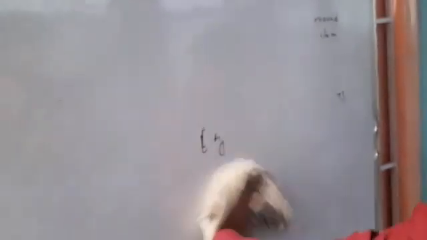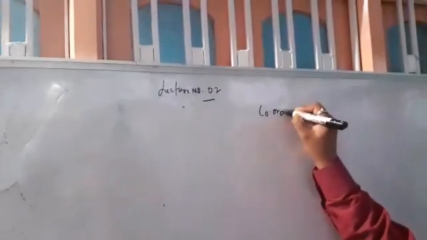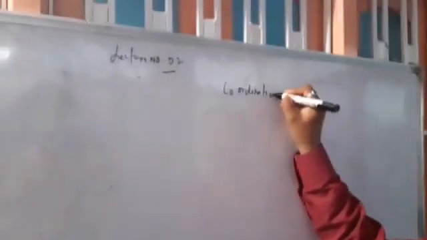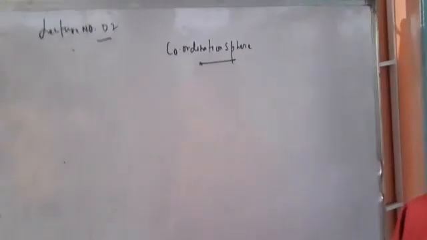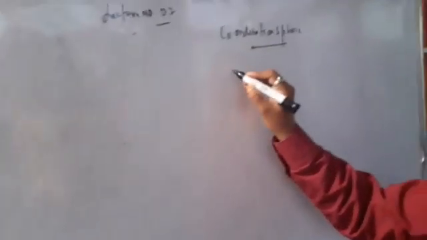Next term we have to discuss is the coordination sphere. As we know, the complex compound is always kept in a square closed bracket. That is known as the coordination sphere.